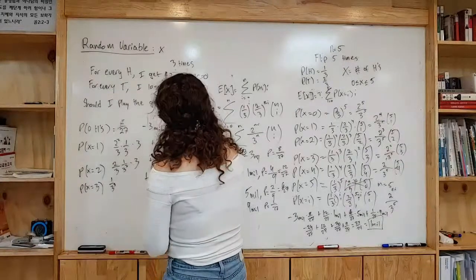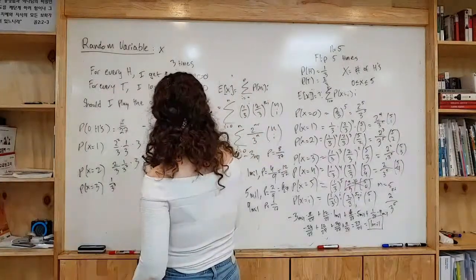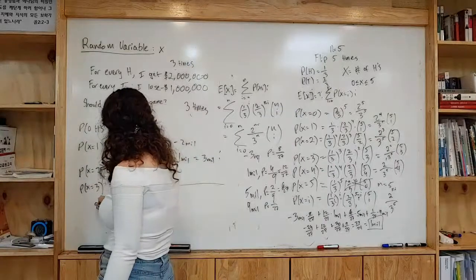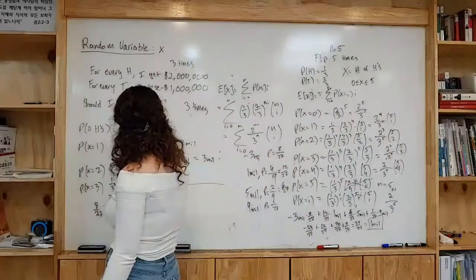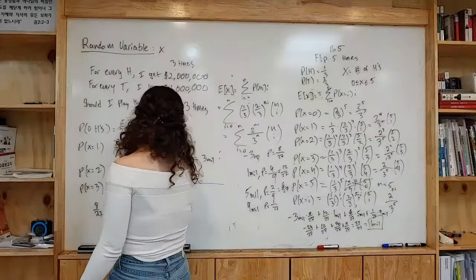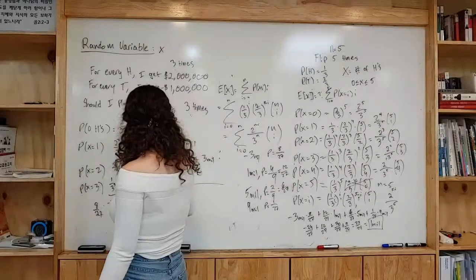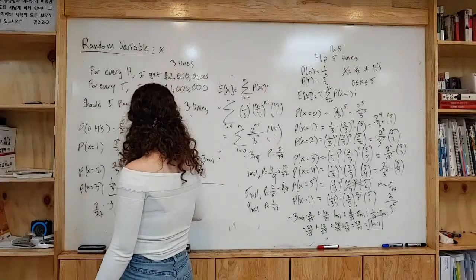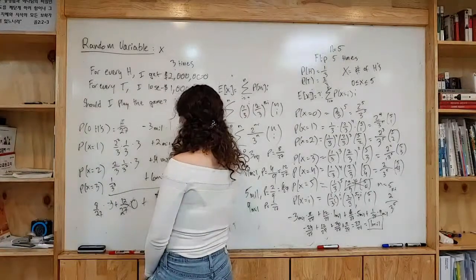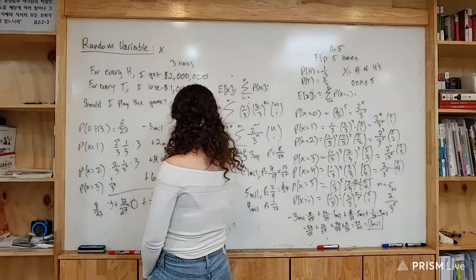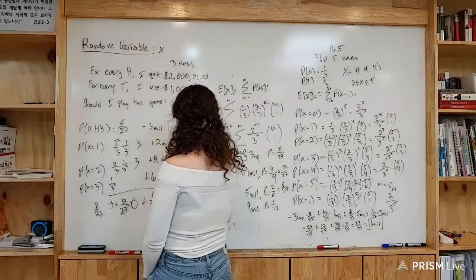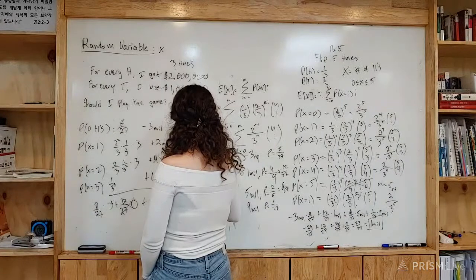Alright, so what is this? Let's add everything up. This is 8 out of 27 times minus 3, plus 12 out of 27 times 0, plus 6 out of 27 times 3, plus 1 out of 27 times 6.